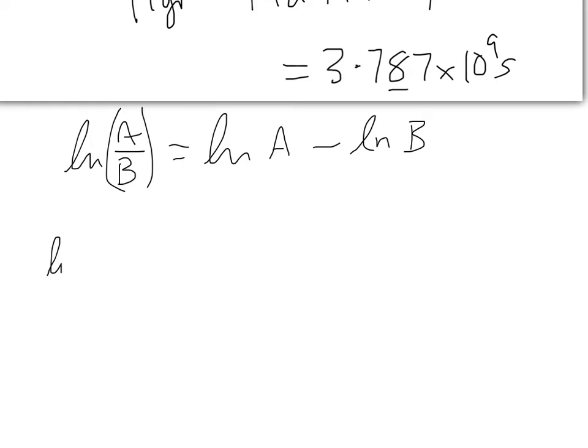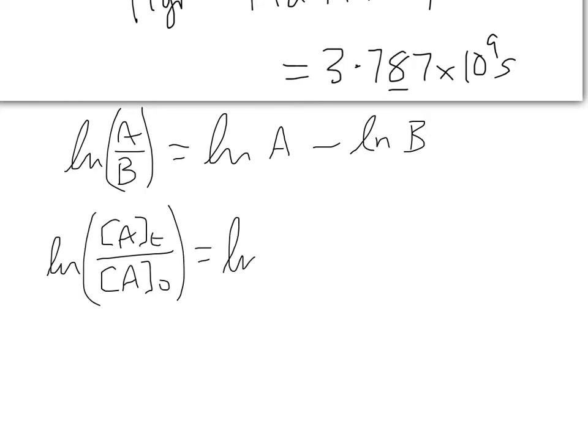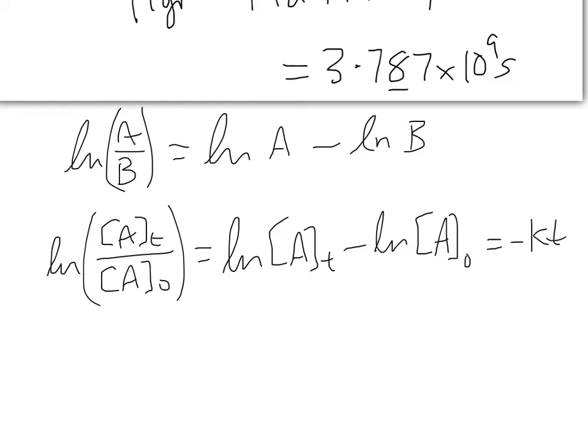So if we've got the log of the concentration at time t over the original concentration, we can break that down and make that the log of A sub t minus the log of A sub 0. And we're saying that that's equal to minus kt. What do we know? We know this, we know this, we know this. We need to solve for this.